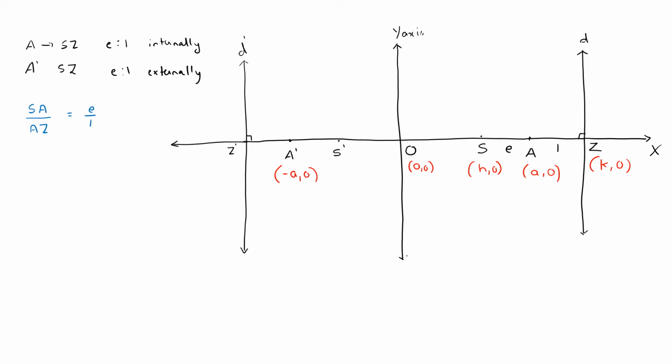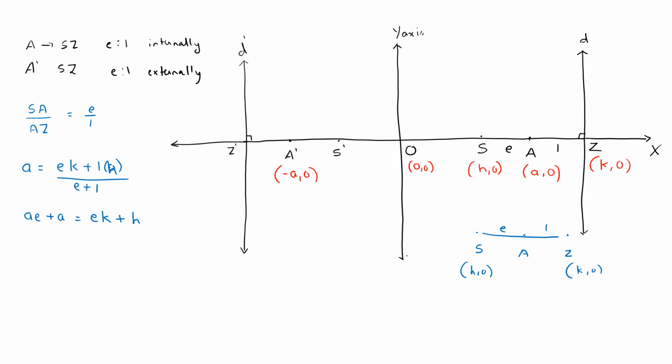So I'll apply the section formula for internal division. तो क्या आएगा? a is equal to (m x2 + n x1) upon (m + n), that is a = (ek + h)/(e + 1), so ae + a = ek + h. क्या किया मैंने, S A Z, just repeat, ये S है, ये A है, ये Z है, ये e, ये 1, this is (k, 0), this is (h, 0), this is (a, 0).